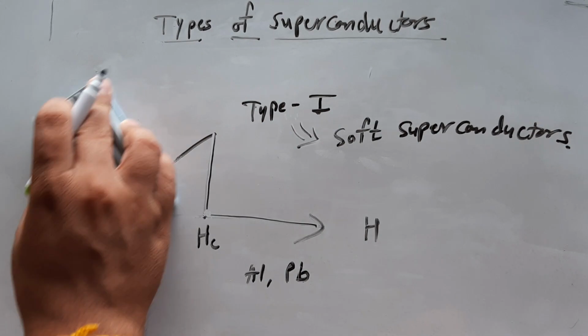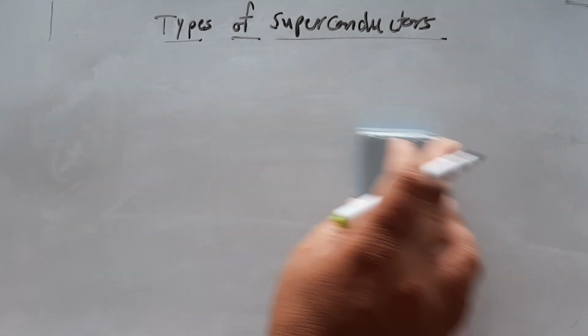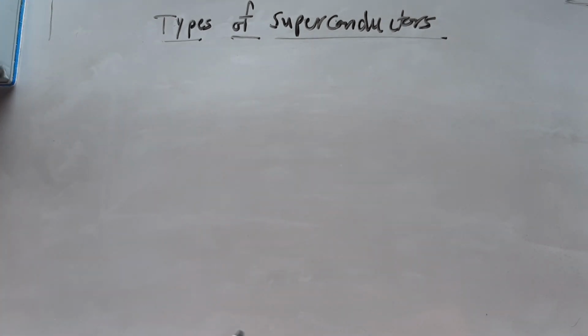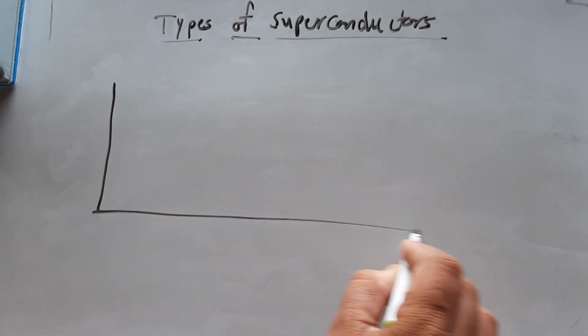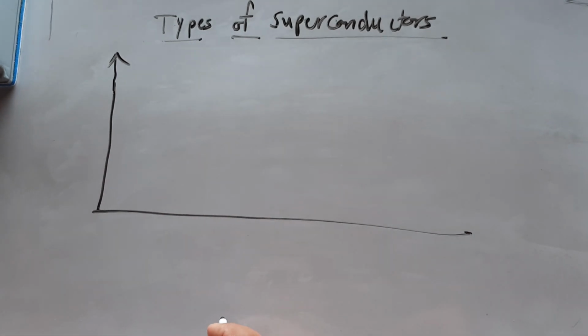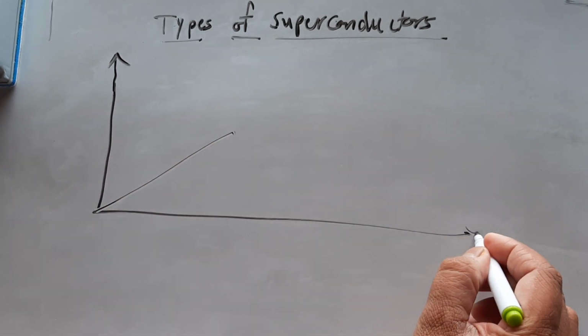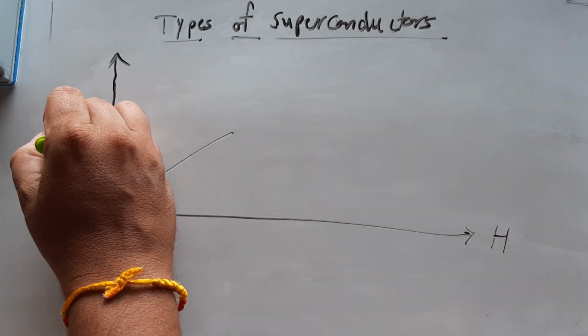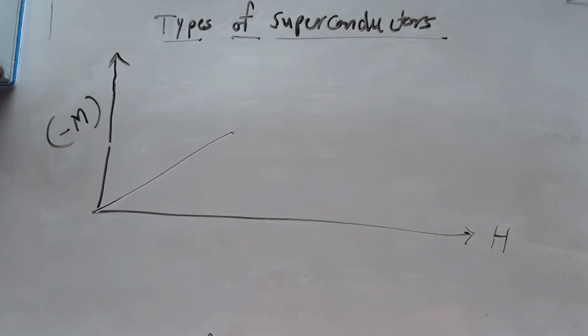Similarly, there is a second type of superconductor, and we can directly see it in terms of a graph. The similar graph I will plot. So for the second type of superconductor, of course this much part is the same. So this is the external magnetic field, this is again minus M, which is magnetization.